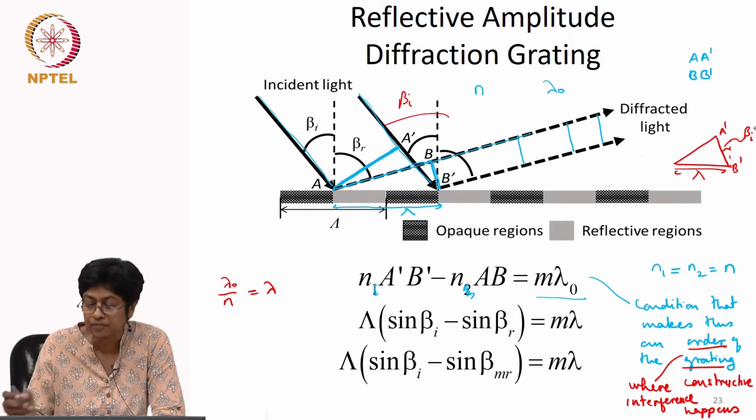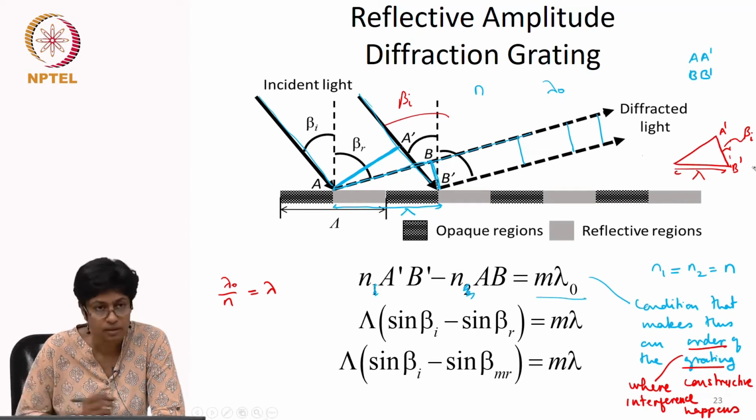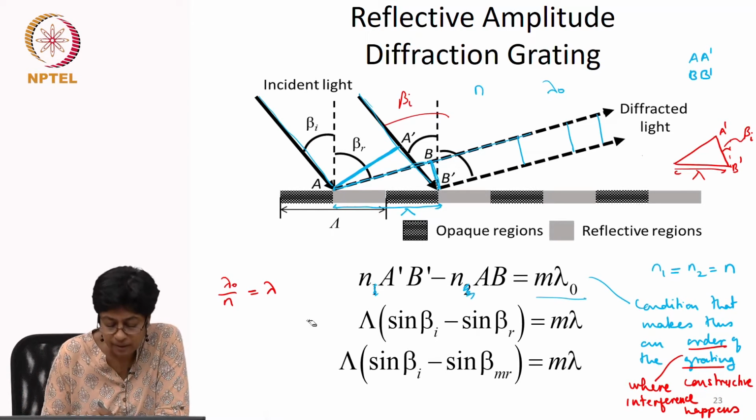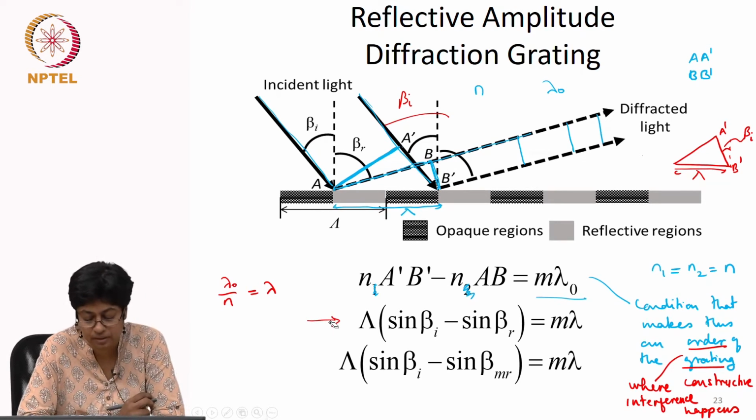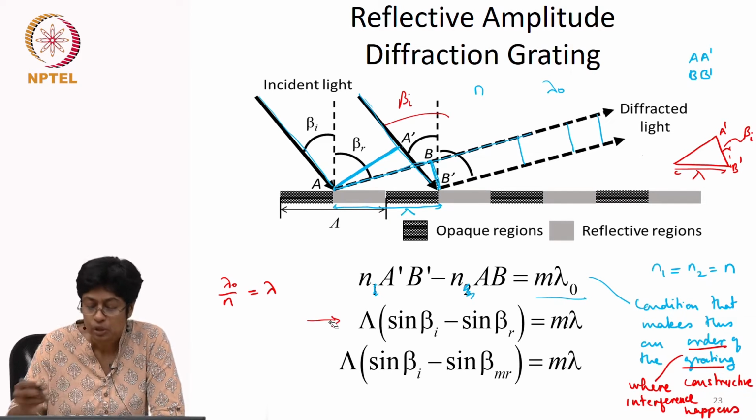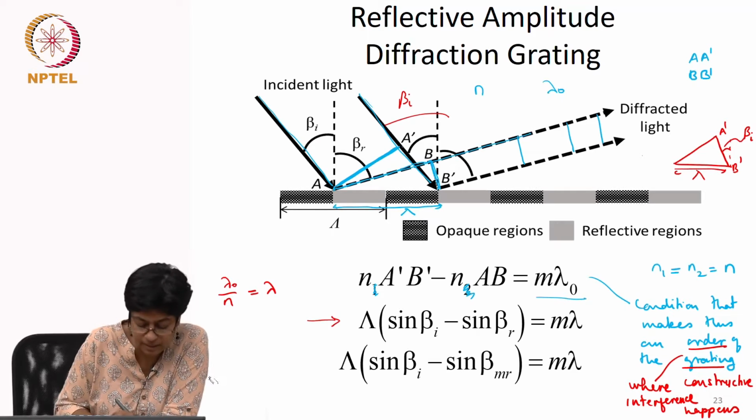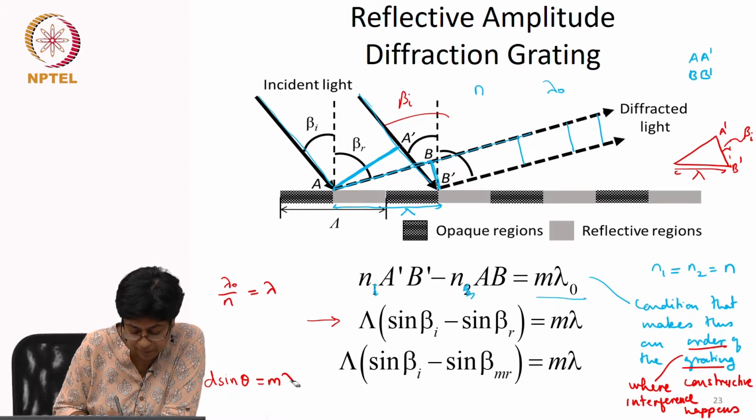And so if I use this trigonometrical construct here, I will arrive at this expression, and this is the standard diffraction grating expression. You will often see it given as d sine theta is equal to m lambda.